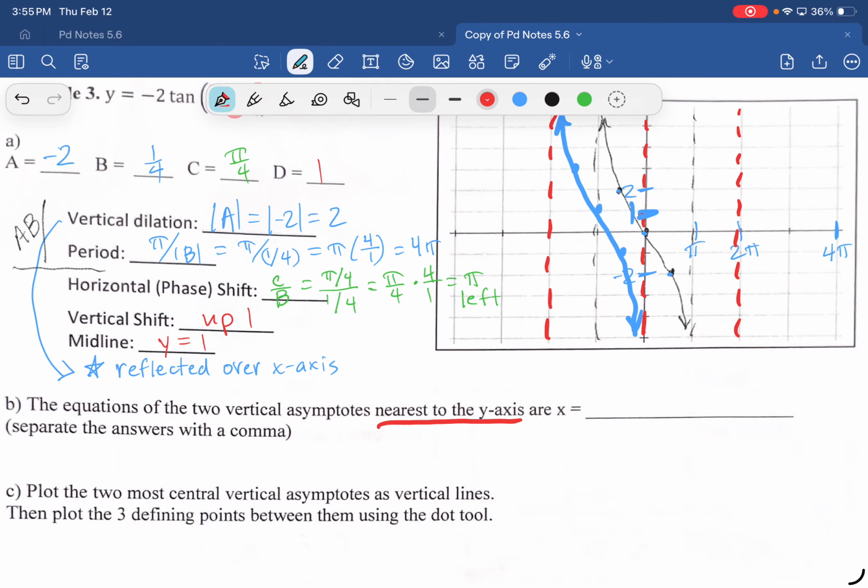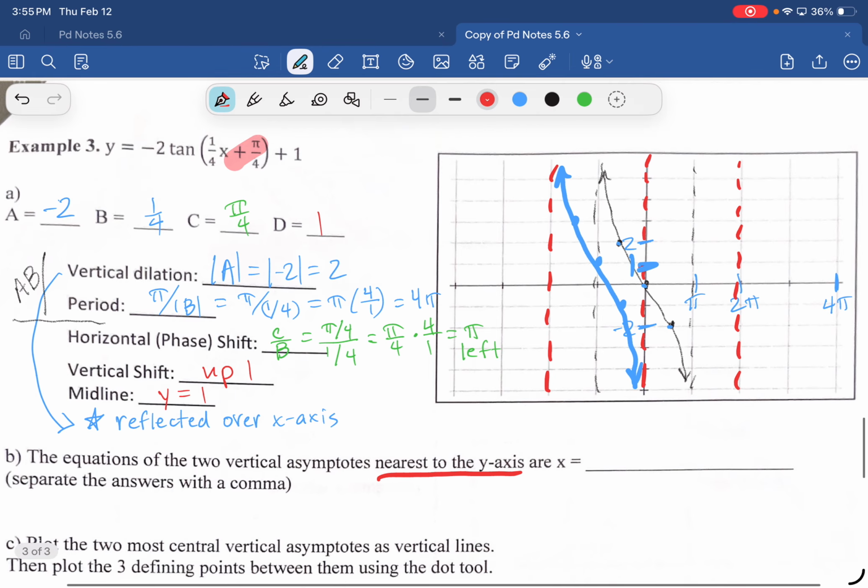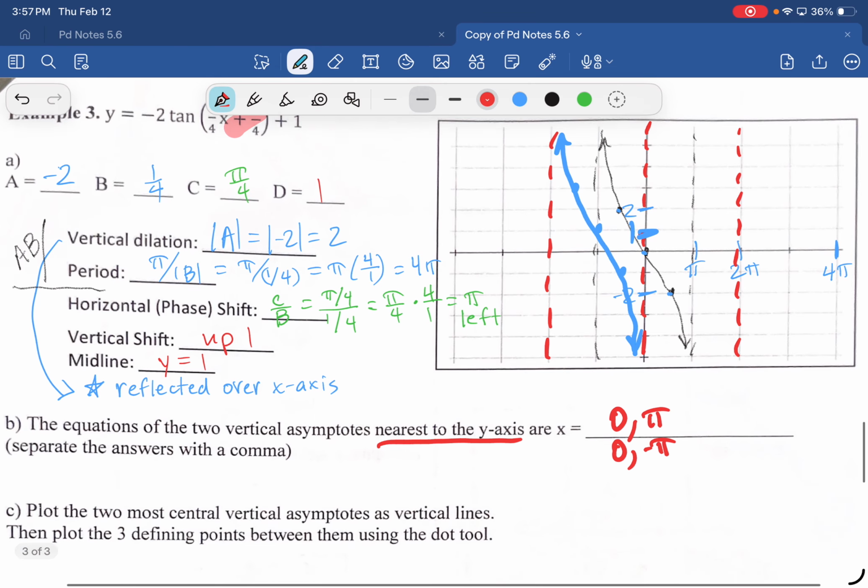So you'll also get a dot tool. And the 3 defining points they're talking about are the major ones that we got from the nicer points on the graph of tangent from that table. And that was at negative 2 pi, comma 3 for that dot.